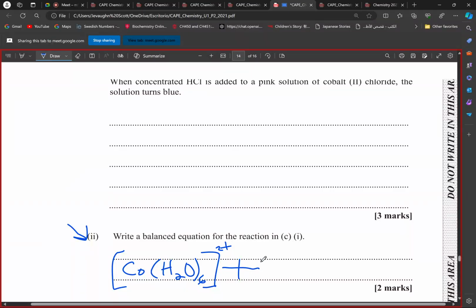Is this balanced equation supposed to show everything? In the case of the balanced equation showing everything, we should be showing 4 of these, because now we need to actually balance the entire reaction. So what we're going to do is end up with something like this.